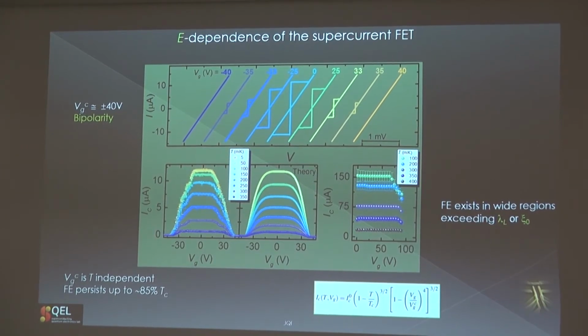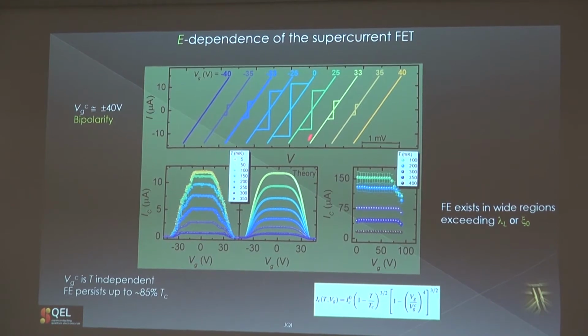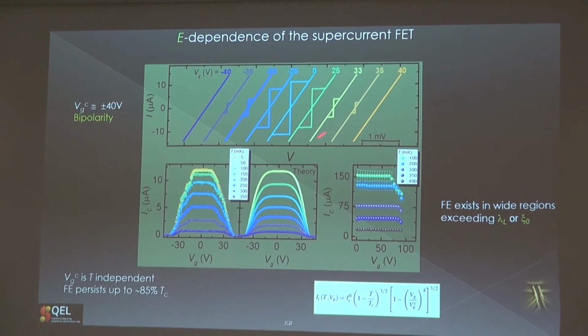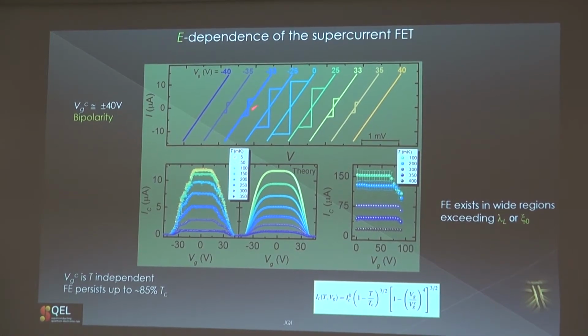By increasing the voltage, we obtain a gradual suppression of the supercurrent up to the complete quenching of superconductivity in the wire. Here, there is no more trace of superconductivity.